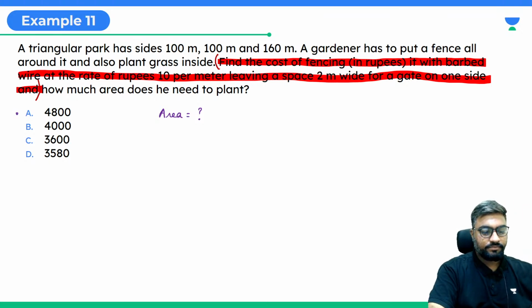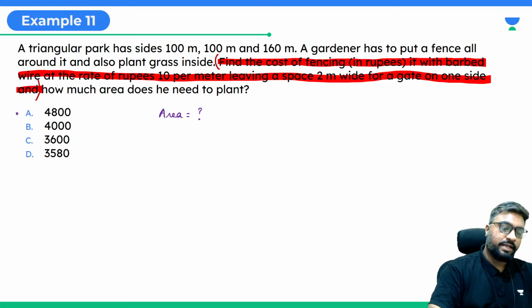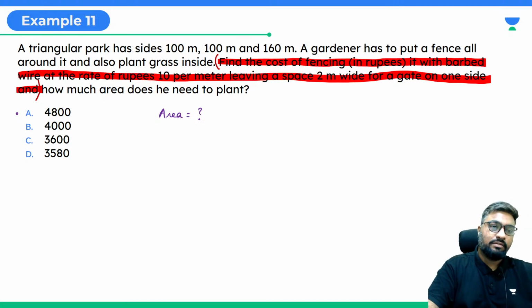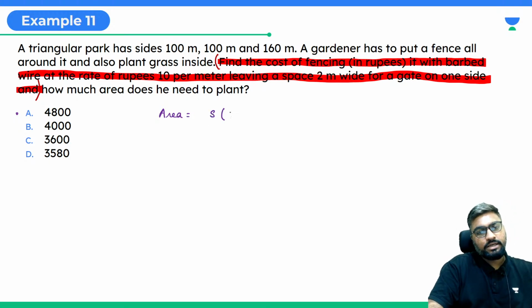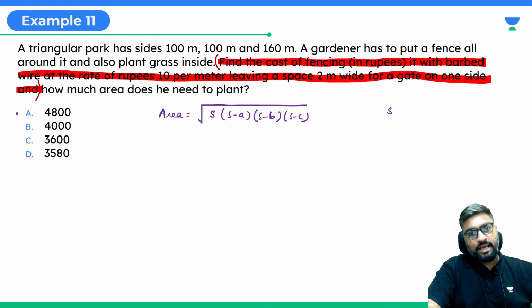Others? Pragya says A. Very good. So area again given by Heron's formula will be what? Square root of S into S minus A into S minus B into S minus C. Correct? Let's first find S.